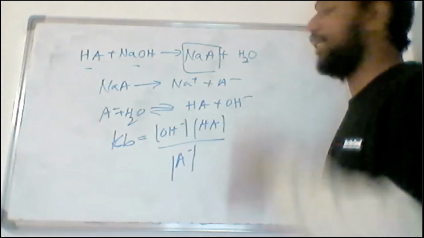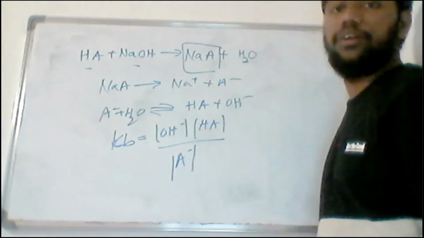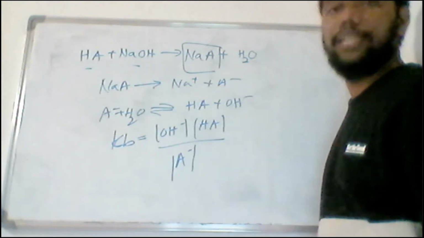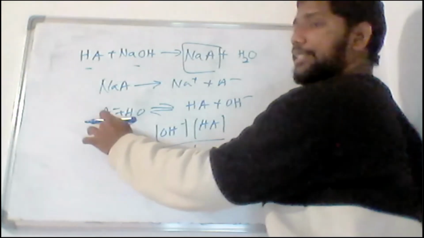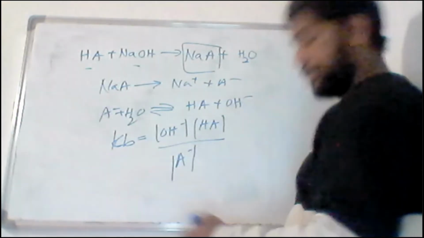Now, what they are telling here is to find the pH of this and give that as the expression they have described. Since this is hydrolysing, it shows hydrolysis here.